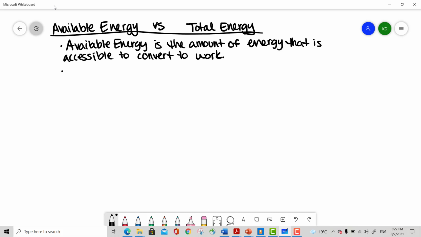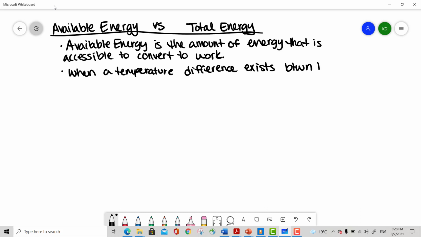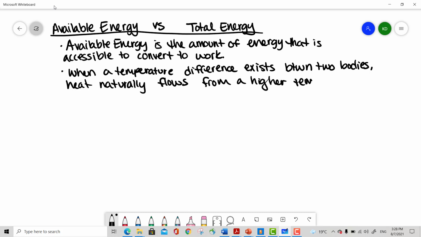Okay, when a temperature difference exists between two bodies, heat naturally flows, you guys know this law, from a higher temperature to a lower temperature.